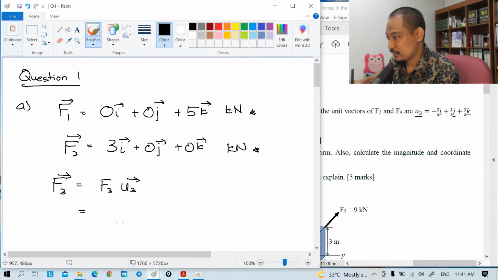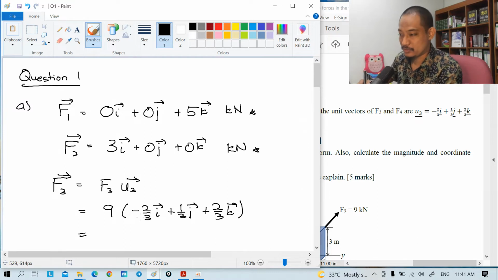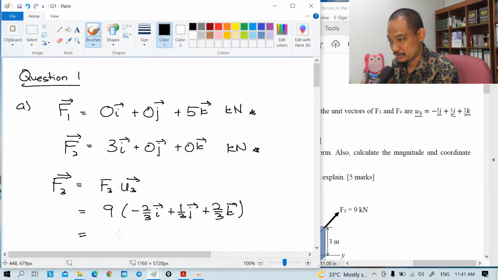So it is 9 kilonewton times minus 2 over 3 i plus 1 over 3 j plus 2 over 3 k. So equal to 9 times, so 3, 6, is it?